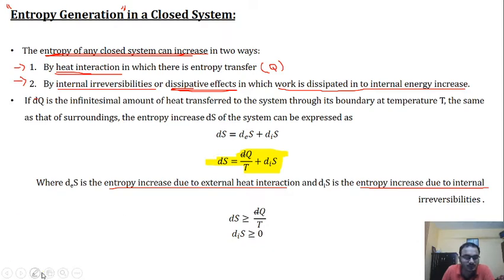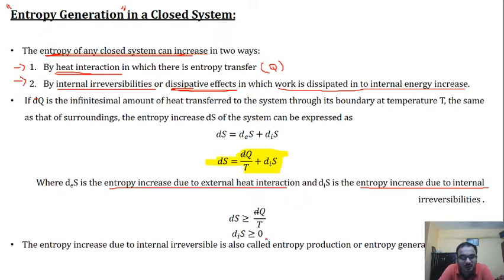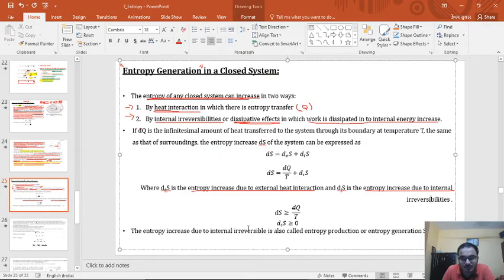So what is the meaning of this? That this term, that is the entropy increase by internal irreversibilities, is always present, or to be minimal it will remain constant. So here the entropy increase due to internal irreversibilities is called as entropy production or entropy generation S gen.